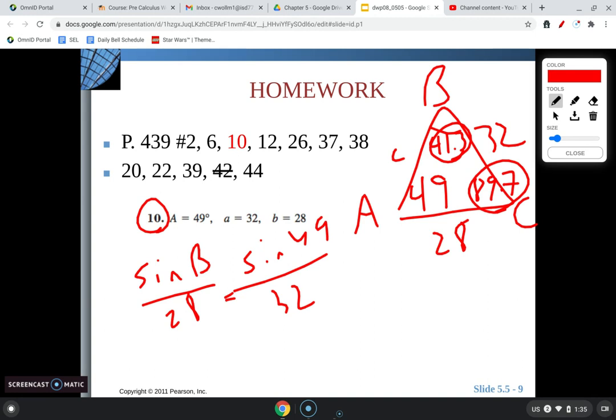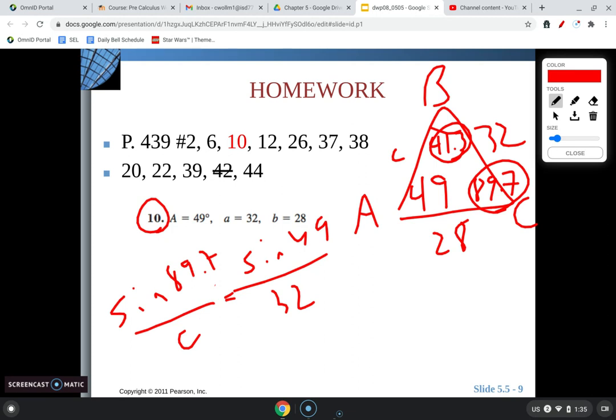And now we can use law of sines again. Just use what we have set up for A, sine 49 over 32. Except this time we'll go sine 89.7 over little c. So we are finding a side this time. So no inverse. So 32 sine 89.7, hit enter, divided by 32.